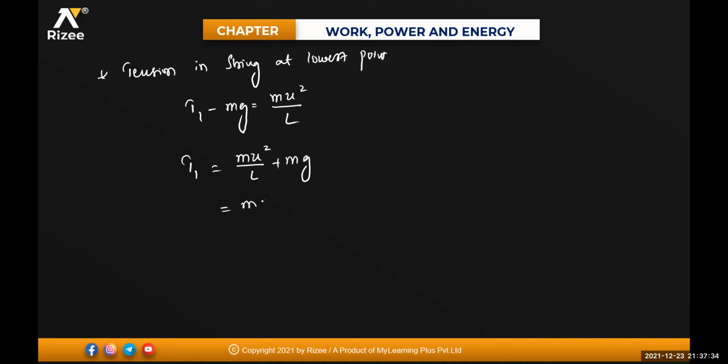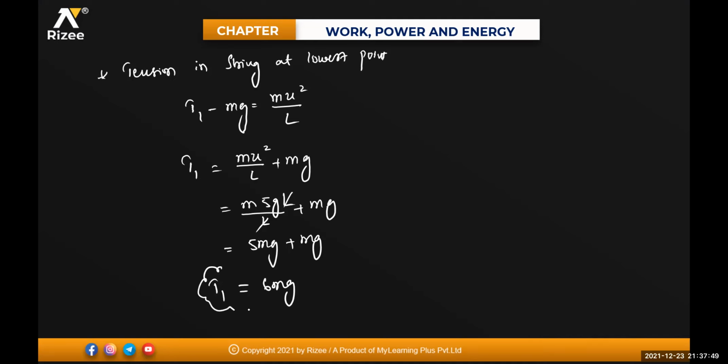The velocity at the lowest position is under root of 5gL, so it is m into 5gL divided by L plus mg. L gets cancelled, so it is 5 times mg plus mg. That means this becomes 6 times mg. So T1 at the lowest position is equal to 6 times m into g.